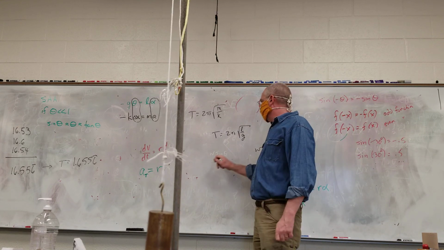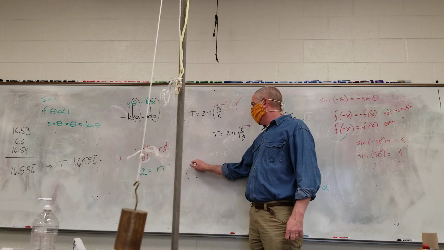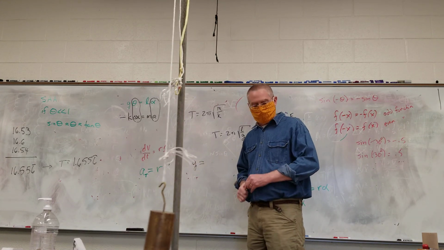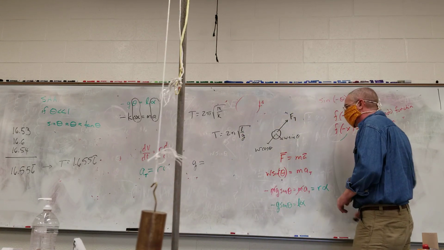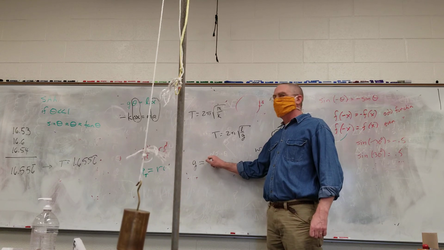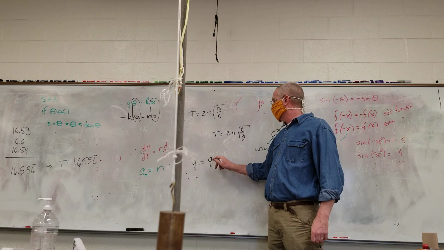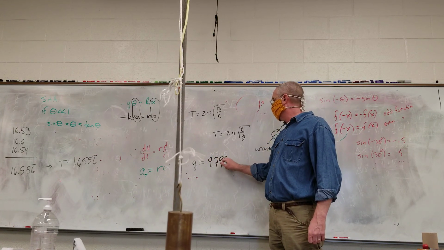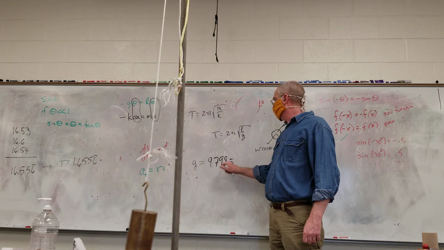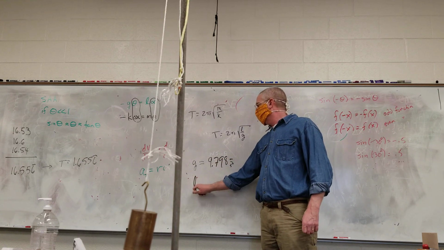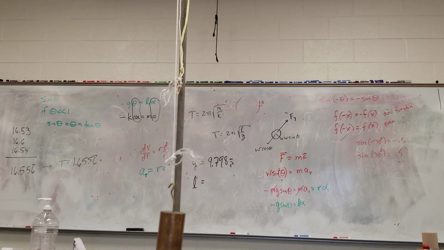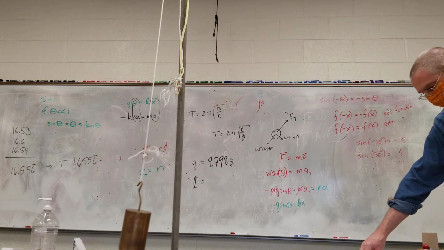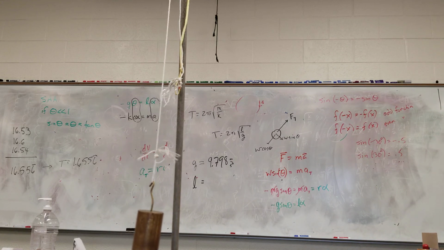The acceleration due to gravity in Winston-Salem is 9.798. And L, notice that the mass is not part of the equation, the mass has dropped out, so that does not affect it. So we need to measure that distance.